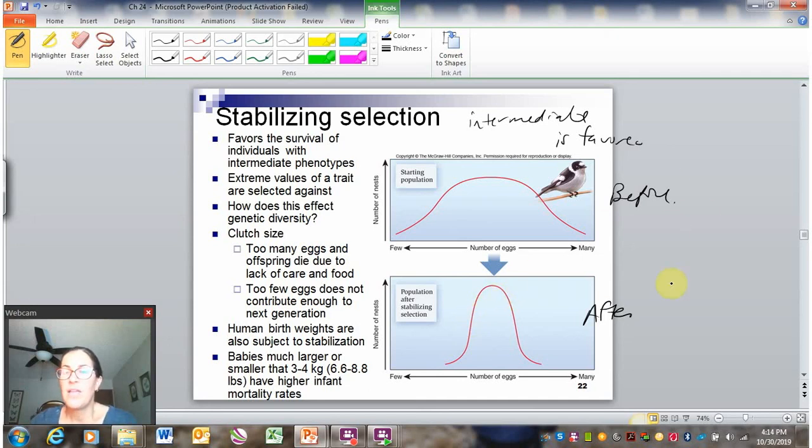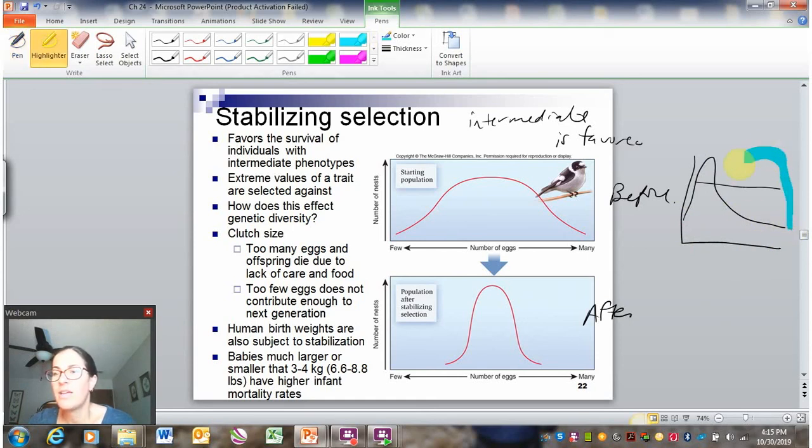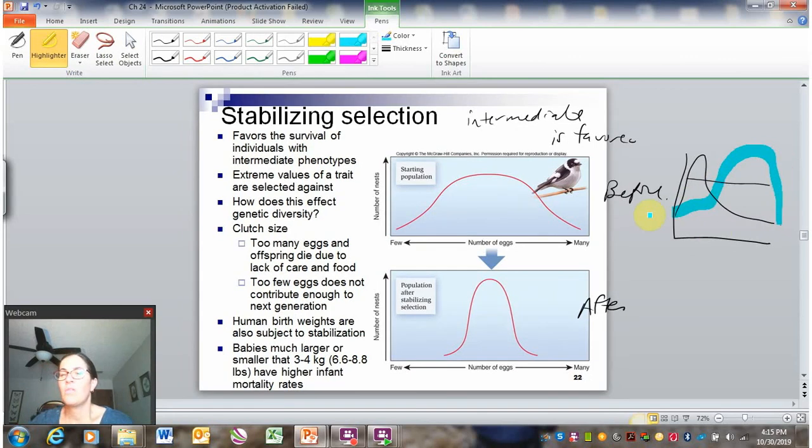And like what I said with directional selection, your before graph can take different forms. It could look like this, or it could look like this, okay? Or it could look like, let me change colors here, it could look like this, right?